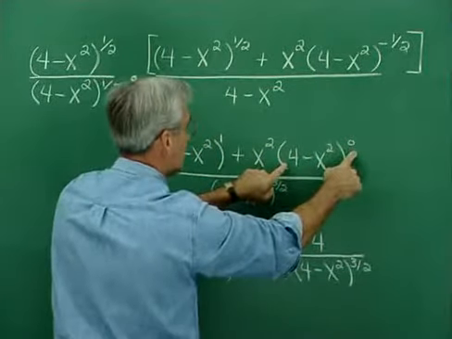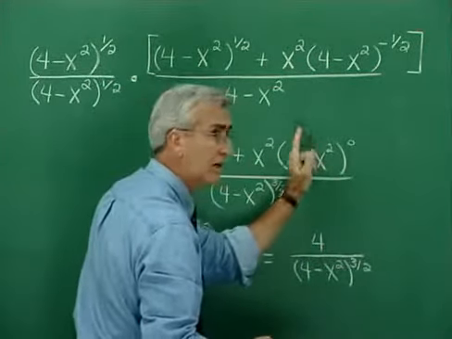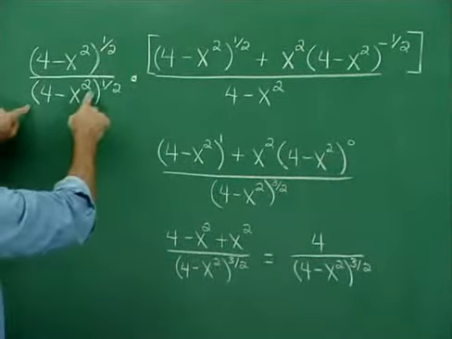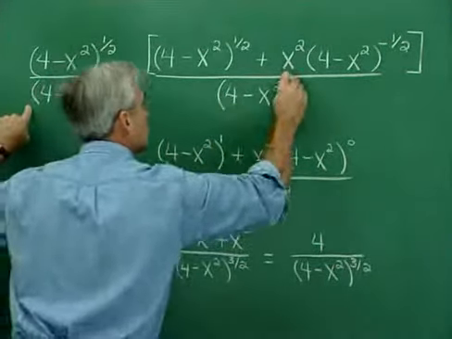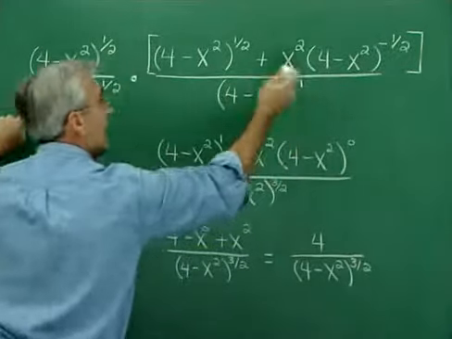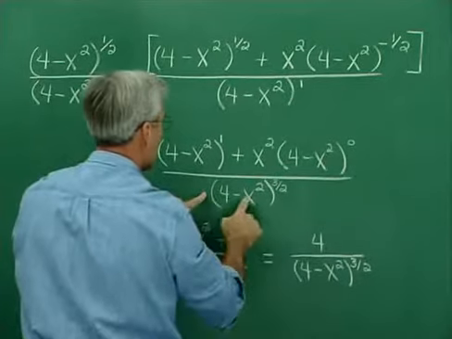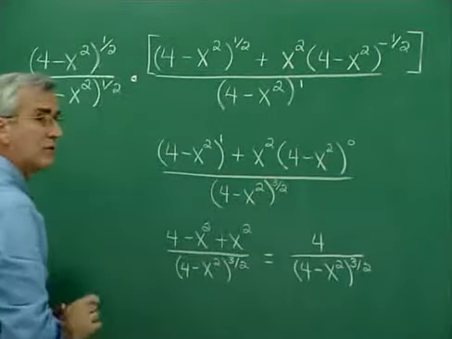So we get this, and that's just 1. And in the denominator, we have 4 minus x squared to the 1/2 times 4 minus x squared to the understood 1. Adding the exponents, 1/2 plus 1 is 3/2. So that's why the 4 minus x squared to the 3/2 appears here.